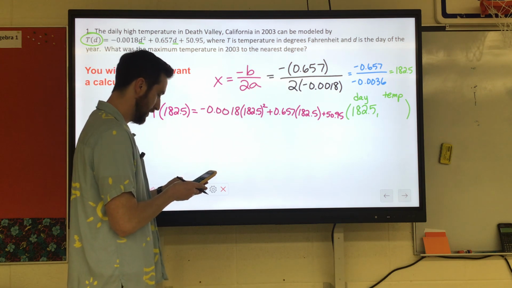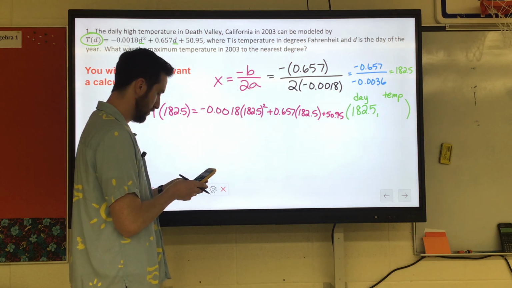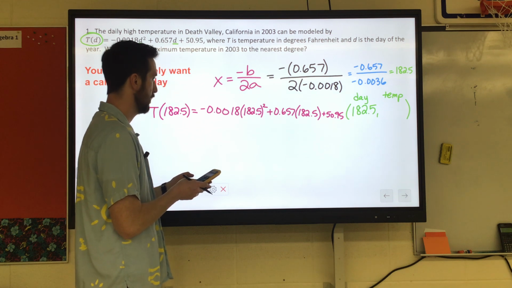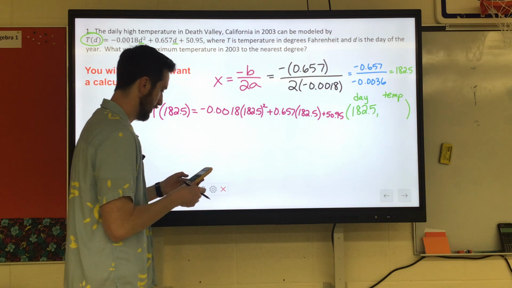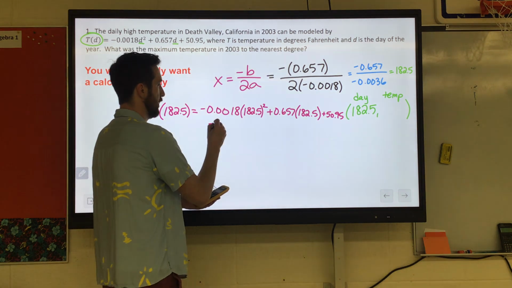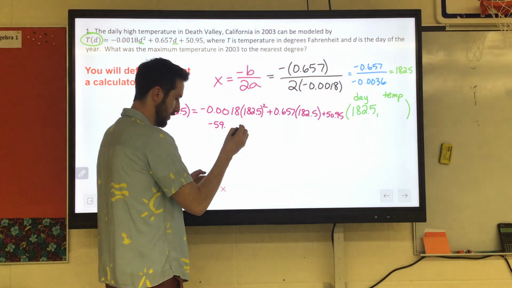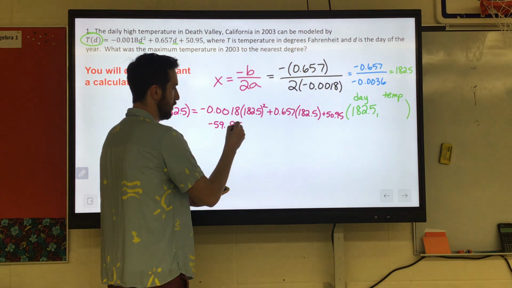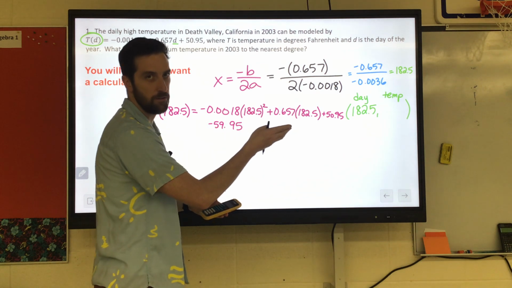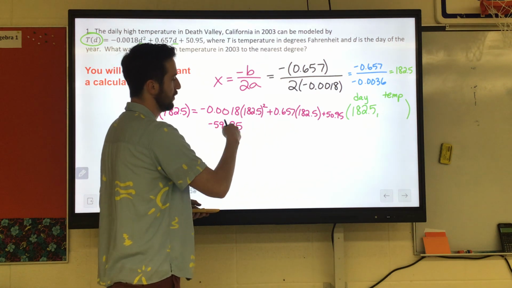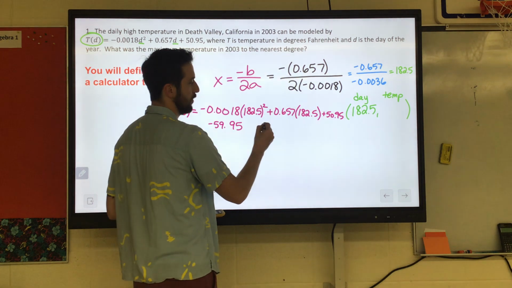So let's see. Negative 0.0018 times 182.5 squared. Negative 59.95-ish. I'm rounding there. And again, you could probably do this all in one step on your calc. I'm just doing this in case your calculator doesn't do all this.